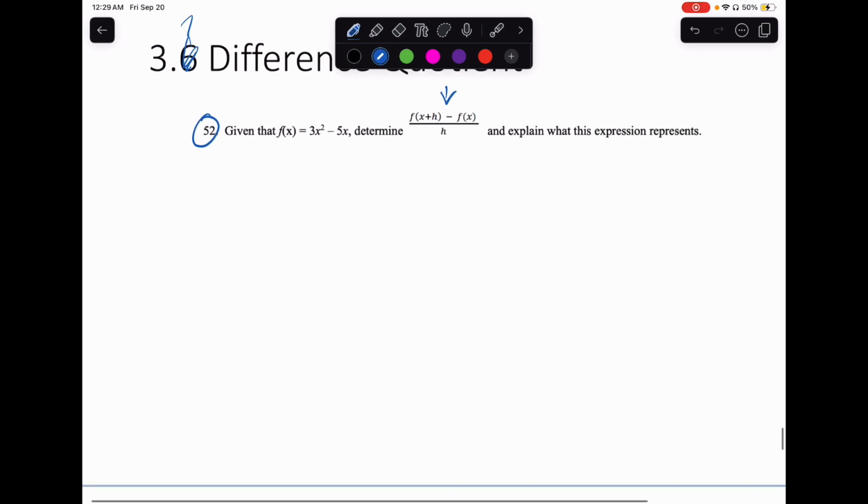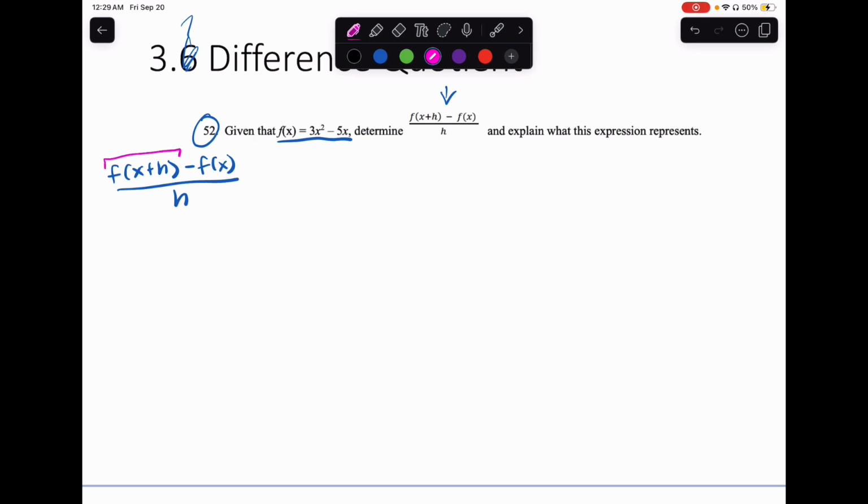If we have our difference quotient, f of x plus h minus f of x over h. This is what we want to find. And we're given this function f of x. So the first thing we want to do is figure out, okay, what does f of x plus h represent? Well, if we had f of x plus h, right, instead of saying f of x equals 3x squared minus 5x, we're really just going to replace our x's with an input of x plus h.